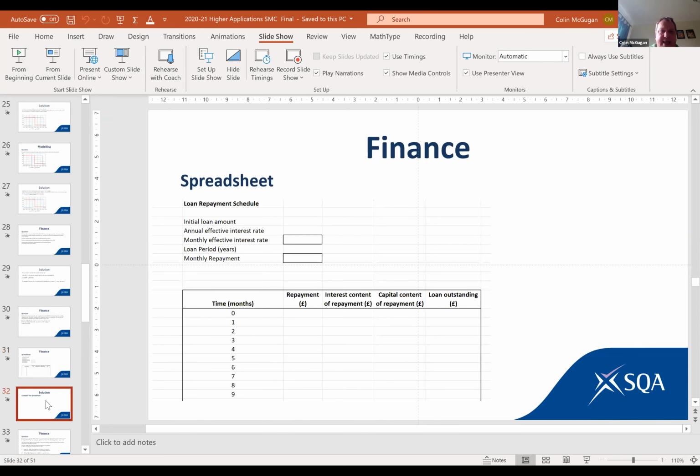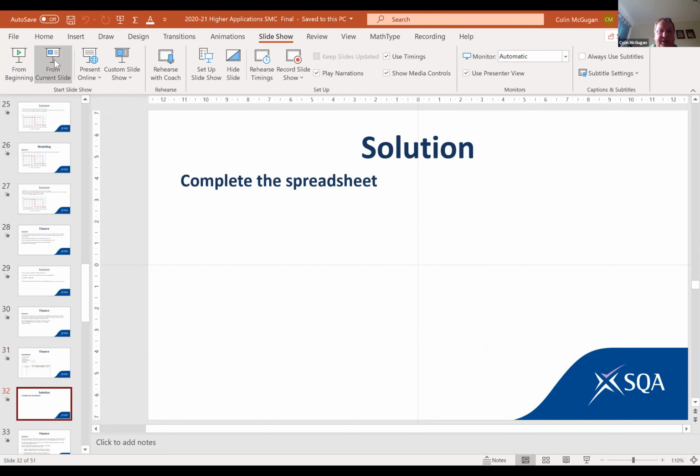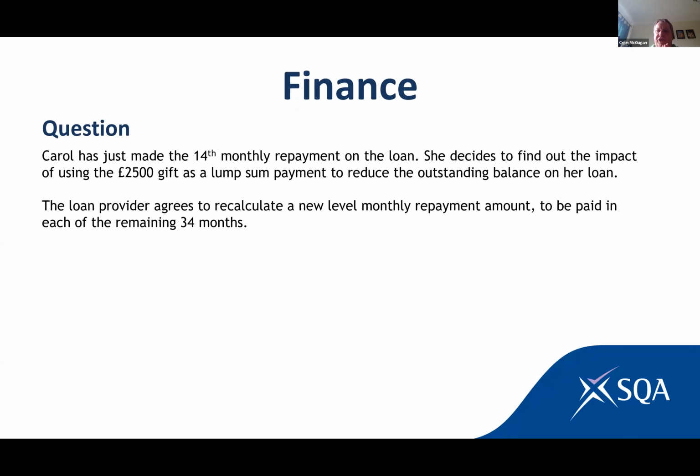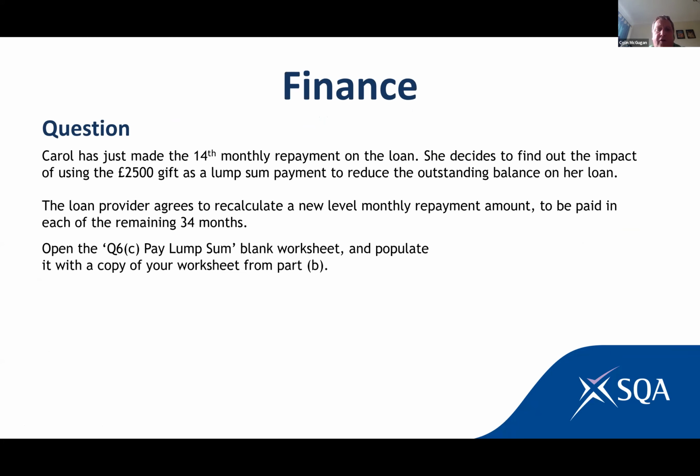So the next question is the next part of the same finance question. So now what happens is Carol decides she's just been given a £2,500 gift as a lump sum. And so what she's decided to do is she wants to see what effect that will have on her paying off her loan.